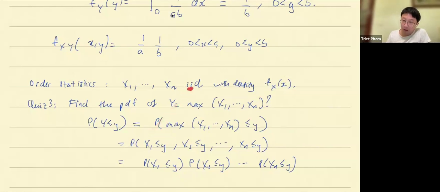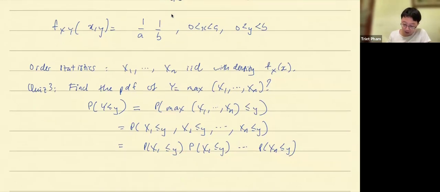But they're also identical in terms of their distribution, meaning that all of these are the same numbers. So therefore, we can just say that this is the CDF of the distribution raised to the n power. Any question?